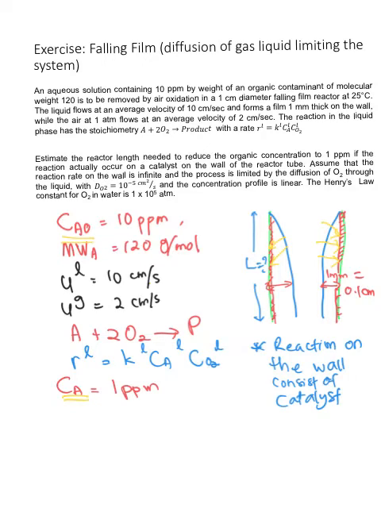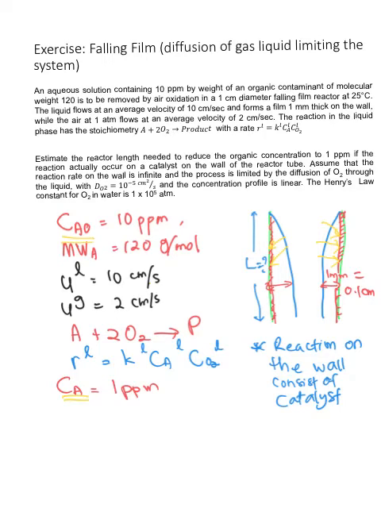So we need to assume that the process is limited by diffusion of oxygen through the liquid. So mass transfer of oxygen in liquid phase limits the reaction because the reaction occurs on the surface of catalyst.